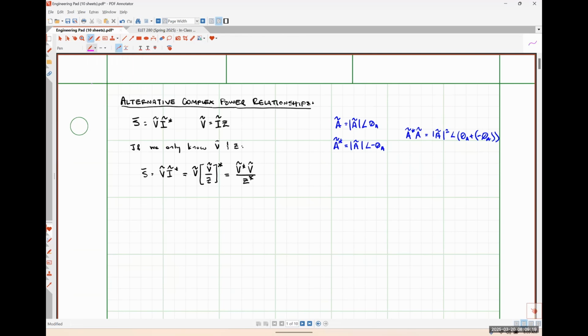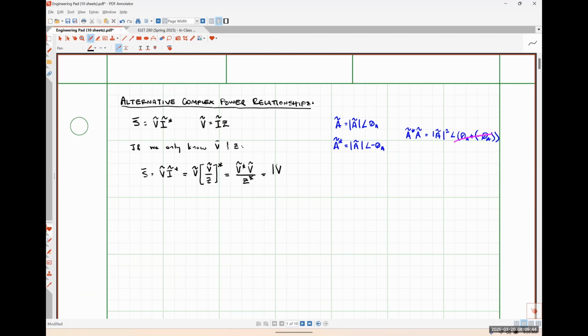So when I multiply any complex number by its complex conjugate, what I'm going to get is just the square of the magnitude of that complex number. So we don't even need to know the whole voltage, right? We don't need to know the phase angle at all if we know the value of the impedance to calculate our complex power.